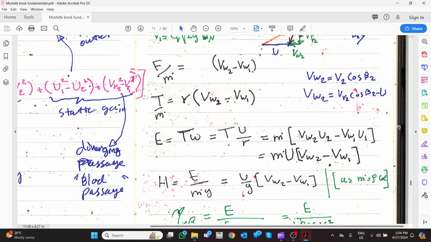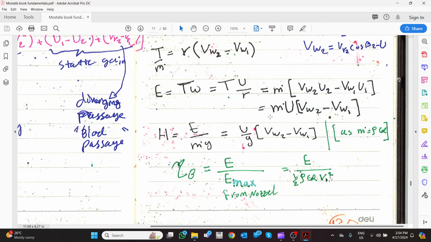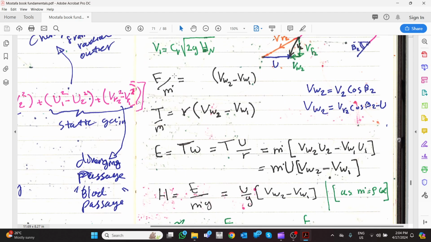Okay. And the energy as well, we know that the energy is torque multiplied by omega, and omega is u divided by r, and torque equals force multiplied by radius.